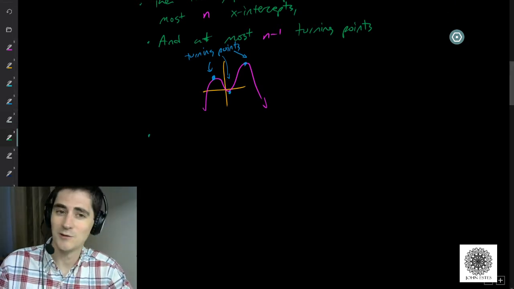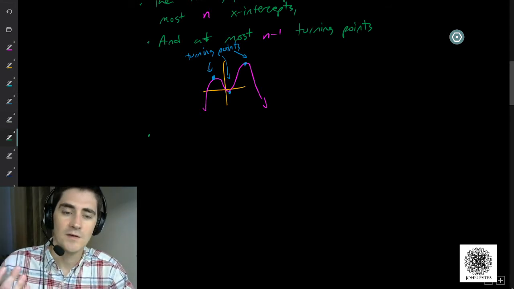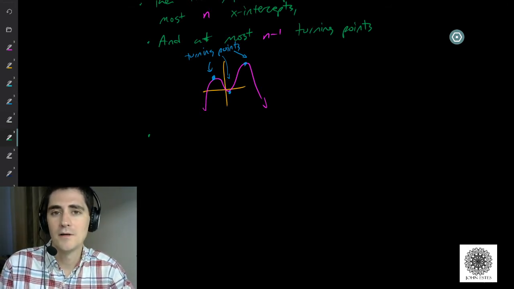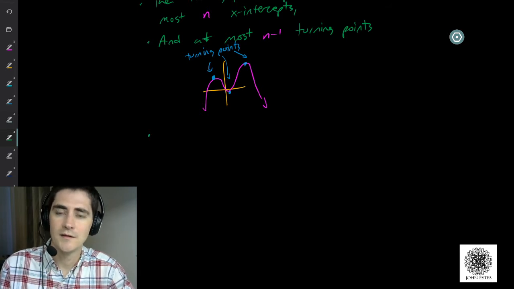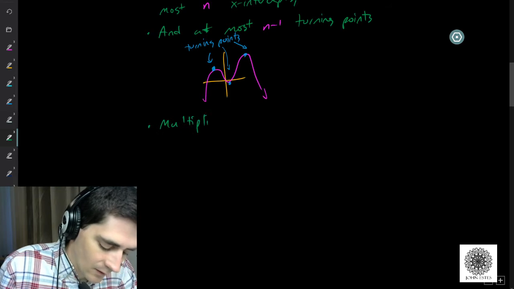The other thing is multiplicities, and we talked about this earlier. To be honest, I got a little ahead of myself when we were talking about graphing factored polynomials. We talked about two things: the end behavior, and the multiplicities of the intercepts. So I'm going to explain again what happens there.